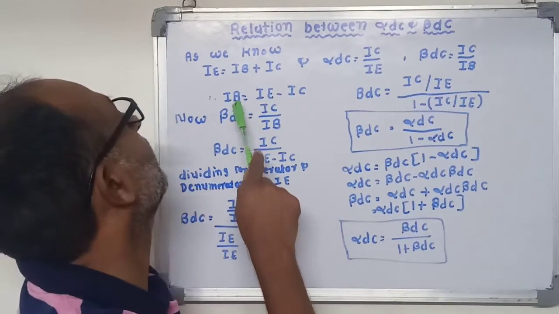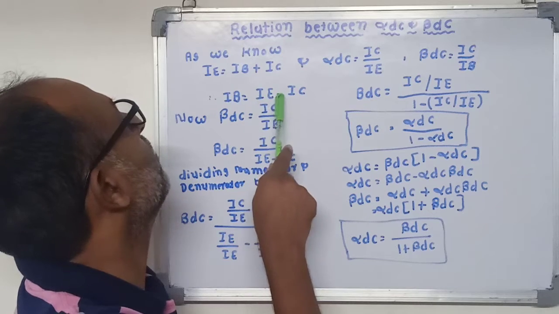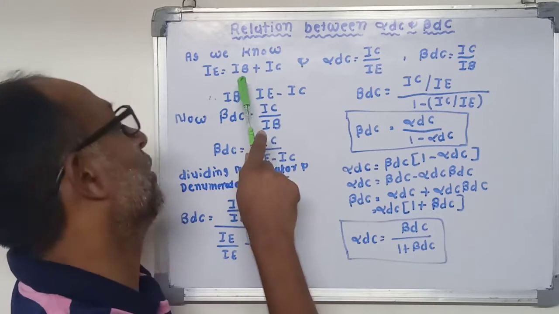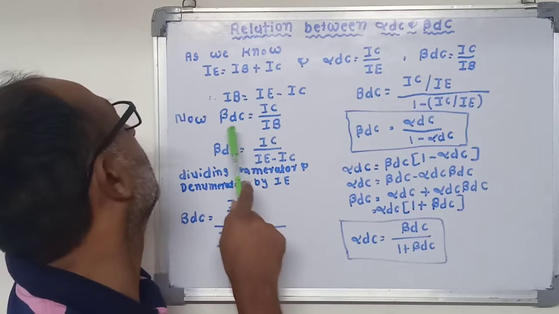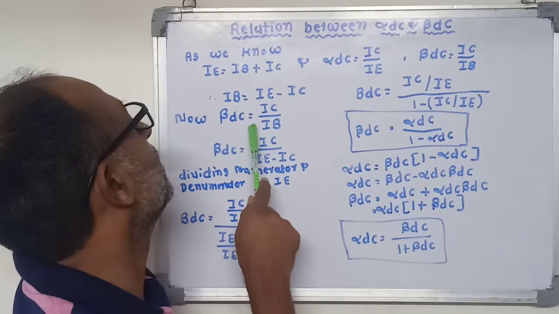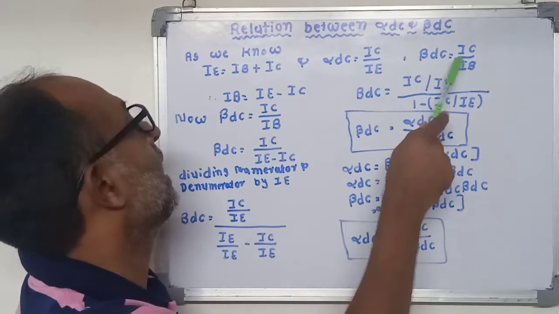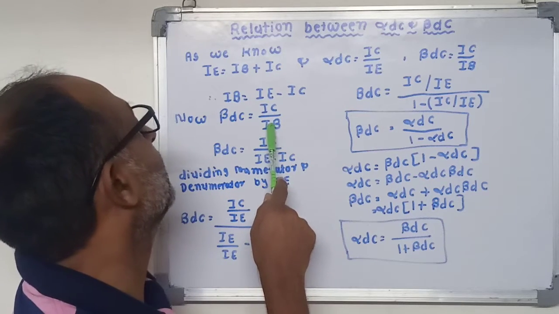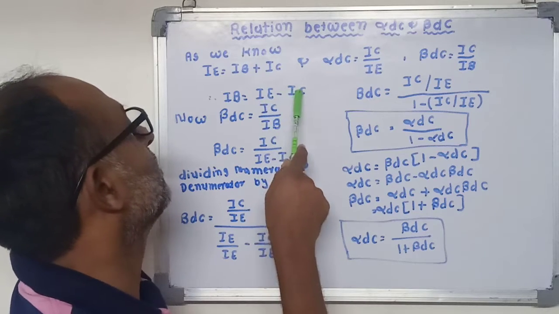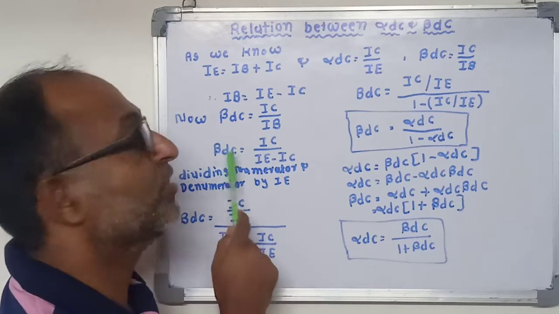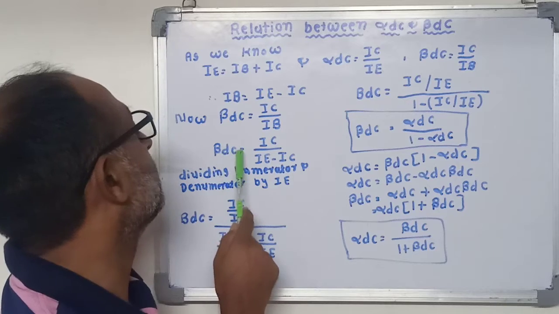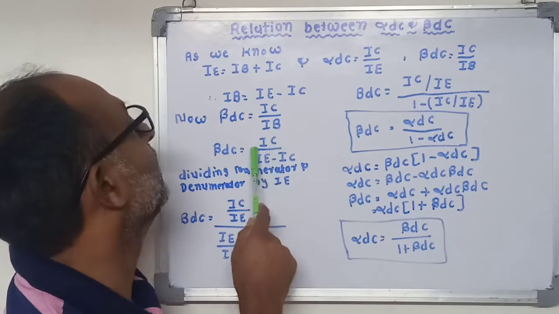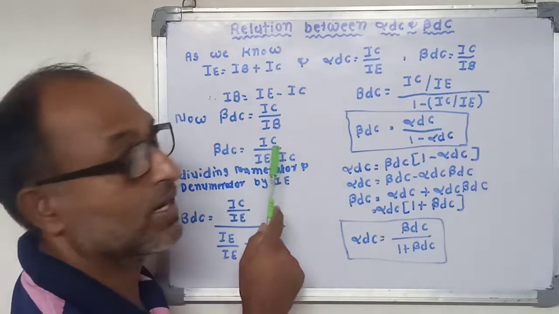Now I can write IB is equal to IE minus IC from this equation. Already we have seen that beta DC is equal to IC by IB. So now just put the value of IB is equal to IE minus IC in this equation. So we get beta DC is equal to IC divided by IE minus IC.